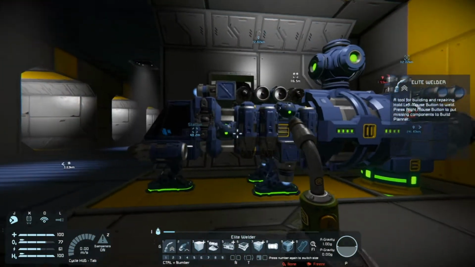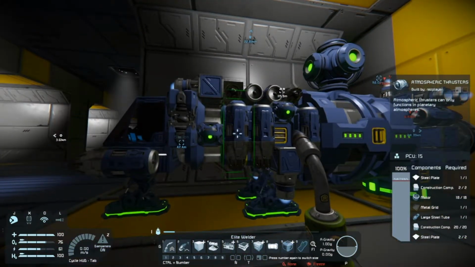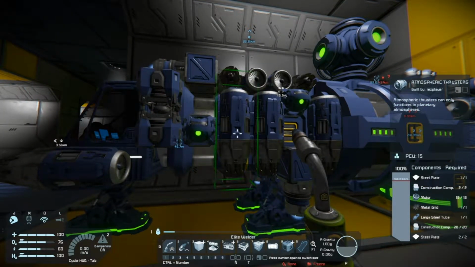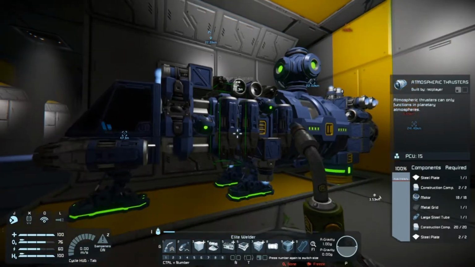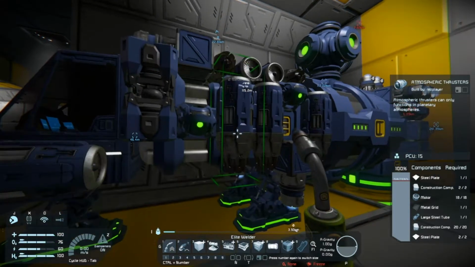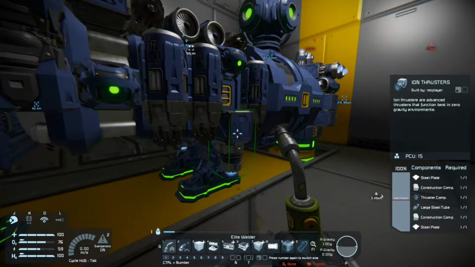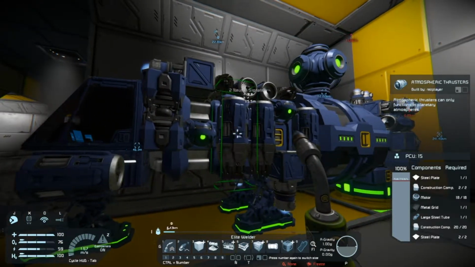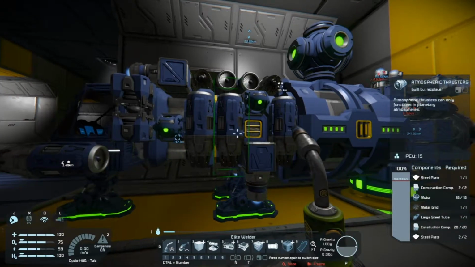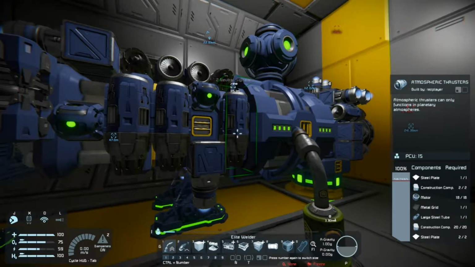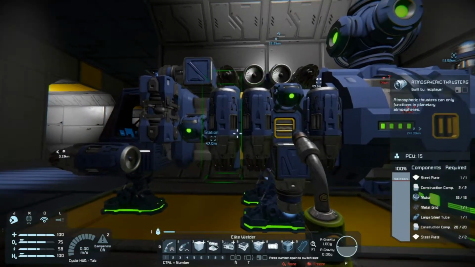And so, for you to figure out your power usage, because while the power to thrust ratio is low in comparison with your ion thrusters, you still need a lot of power, and your atmospheric thrusters are where you're probably going to be drawing a lot of your power from.